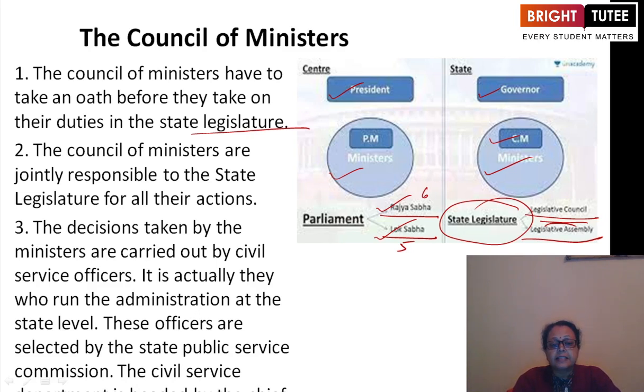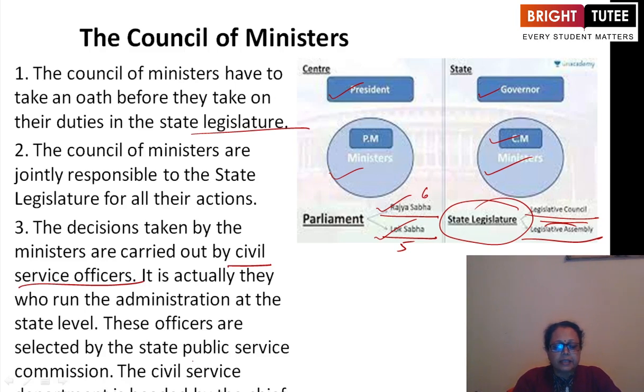These are the state administrative officers. They are actually the civil service officers or civil servants. They are the administrators who run the administration at the state level, and these officers are selected by the State Public Service Commission.